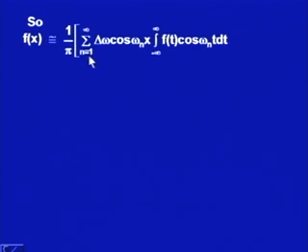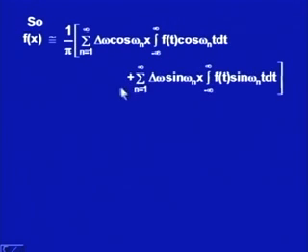Rewriting the same term: summation n running from 1 to infinity delta omega cos omega_n x times the integral minus infinity to plus infinity f(t) cos omega_n t dt, and again breaking this one: summation n running from 1 to infinity delta omega sin omega_n x and then the integral minus infinity to plus infinity f(t) sin omega_n t dt.